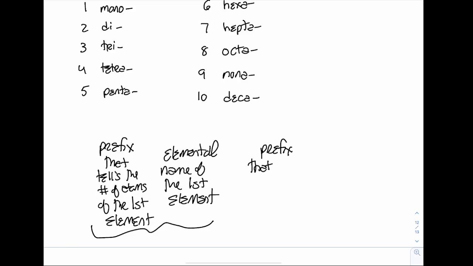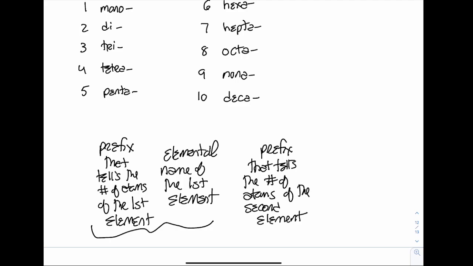I'm going to write the same thing that tells the number of atoms, except I'm going to change first to second, of the second element.